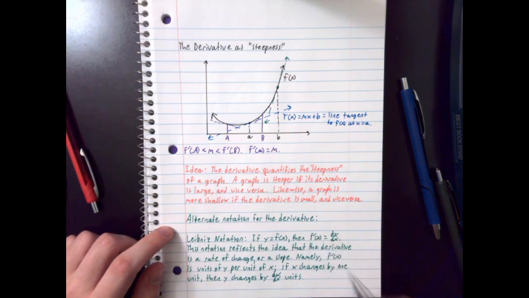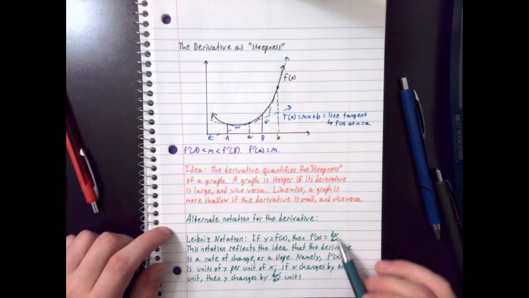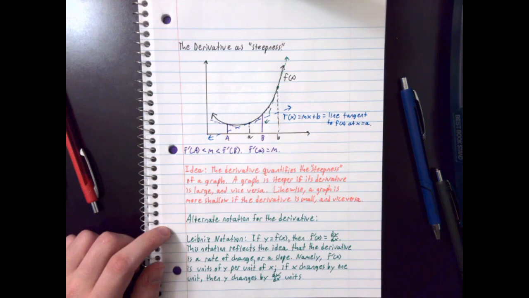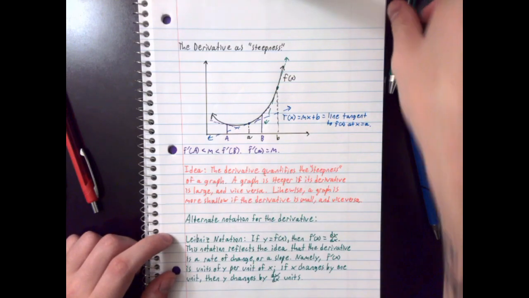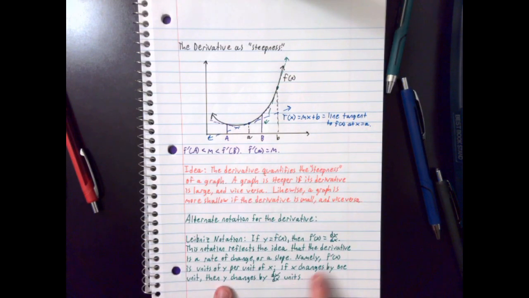The prime notation, the Newton notation, is a little more expedient when you're doing calculations, but dy dx really conveys the idea that the derivative is a rate of change. It also suggests what the units for f prime of x are: units of y per unit of x.